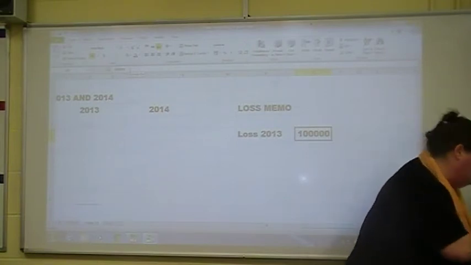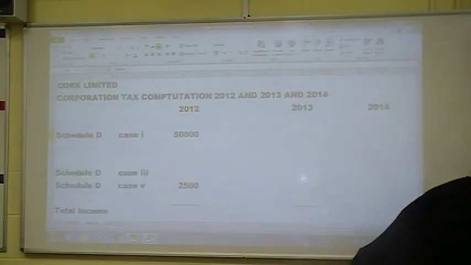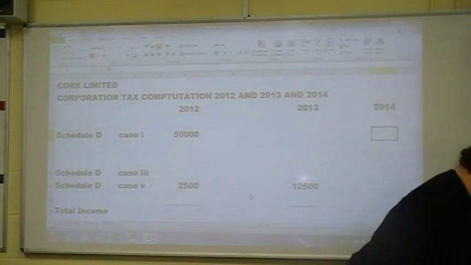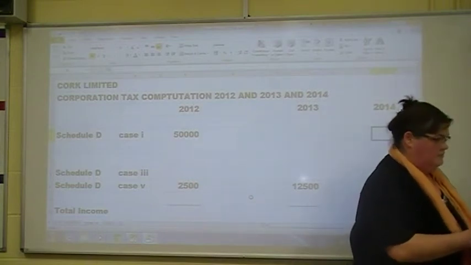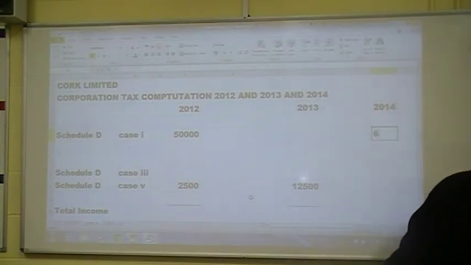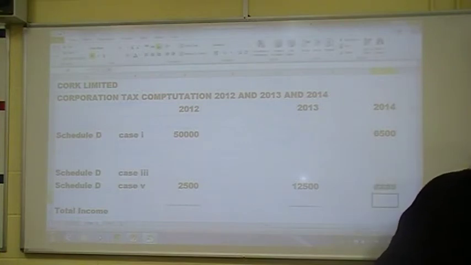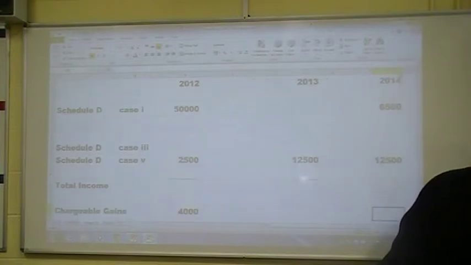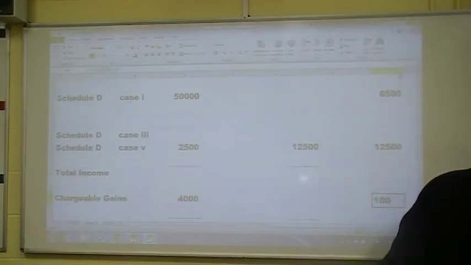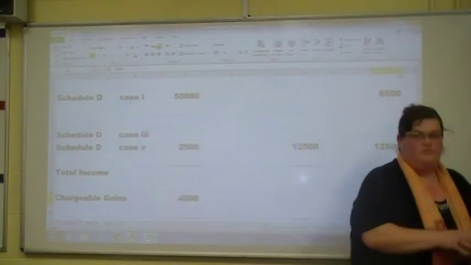And we have a rental income for that year as well of 12,500. 14, we have case 1 profit of 6.5, rental income of 12,500, and chargeable gain of €10,000.